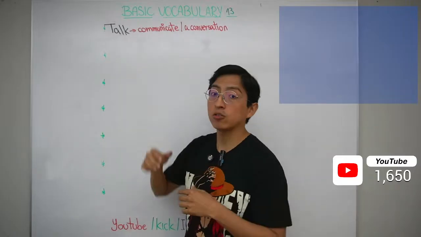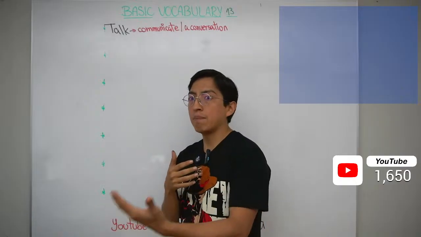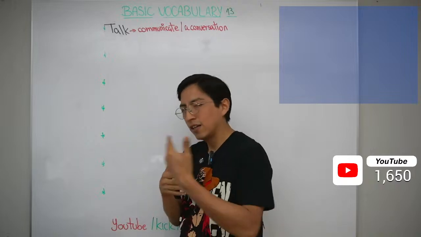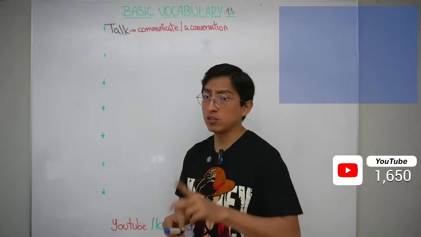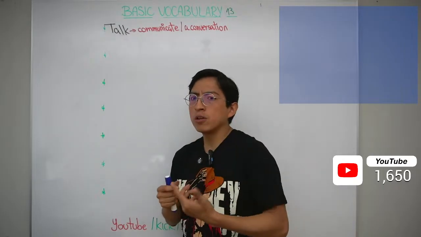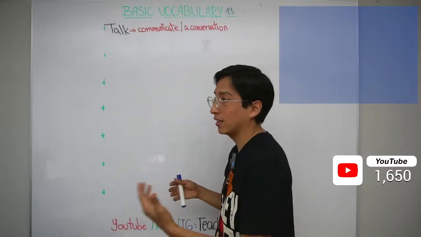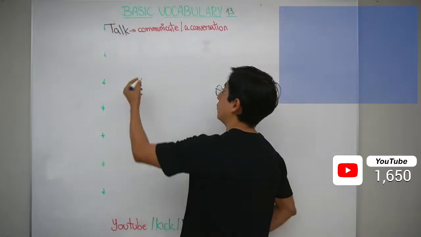But when we're talking about talk, it's because we're going to have a message, or we're going to send a message to other people, to communicate. Now, this is always between two people, right? We can speak alone, but we can only communicate if there is another person. So let's start with the first part.